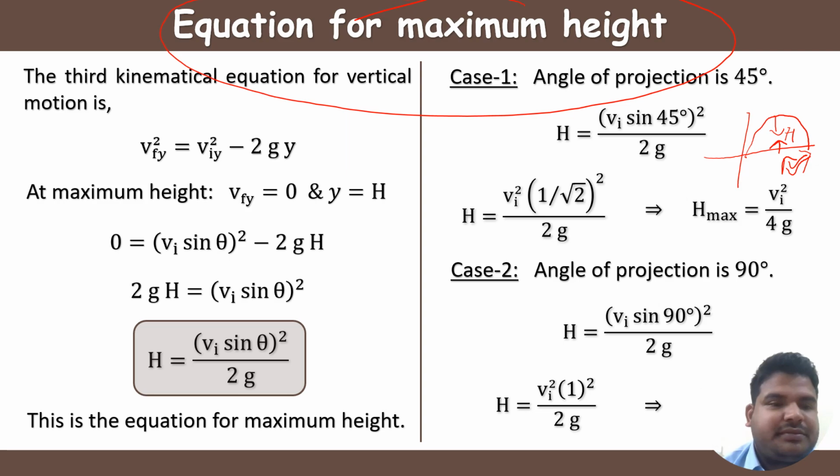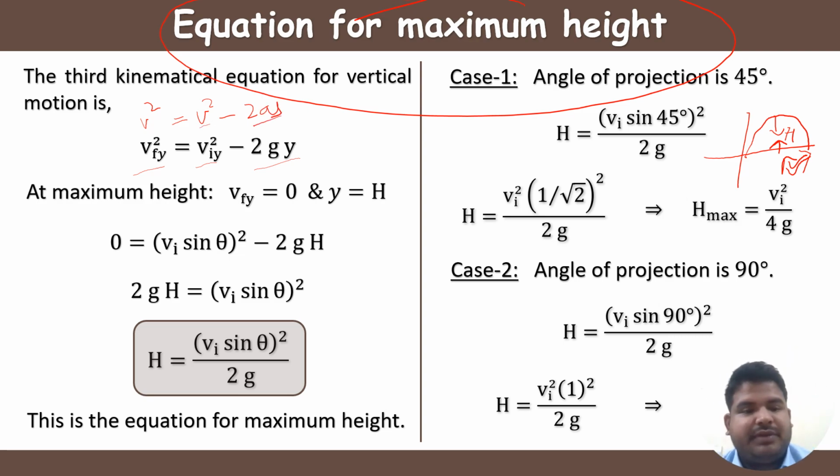The third kinematical equation for vertical motion is v square equals u square minus 2as. Don't be confused. This is for maximum height.